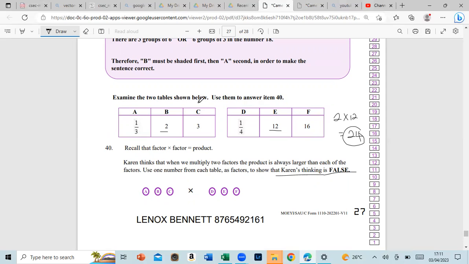So the easiest way to show that would probably be A times E, which is 1/3 times a quarter. Because when we multiply this, we get 1/12, which is less than both of them. So for this one, I'm going to circle A and D.